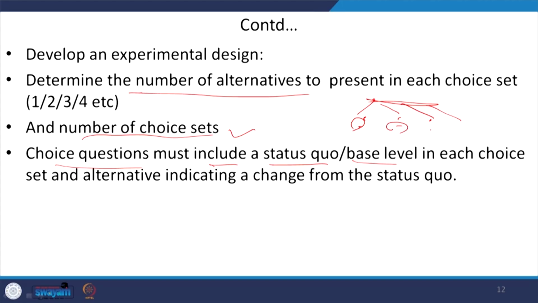It is just like a base level or status quo in each choice set, and alternatives indicating a change from the original or status quo. How this alternative 1 is different from this, or how this alternative 2 is different from this, or how alternative 3 is displaying different characteristics from the original one.